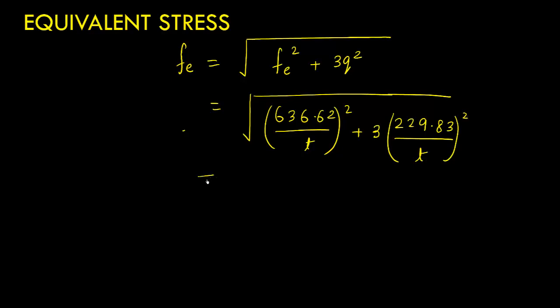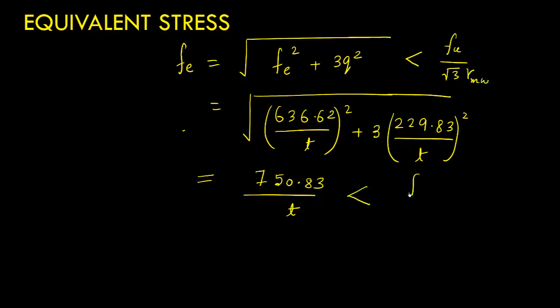If you calculate this value, it will come to 750.83 divided by T, and the code says this value has to be less than Fu divided by root 3 gamma mw.